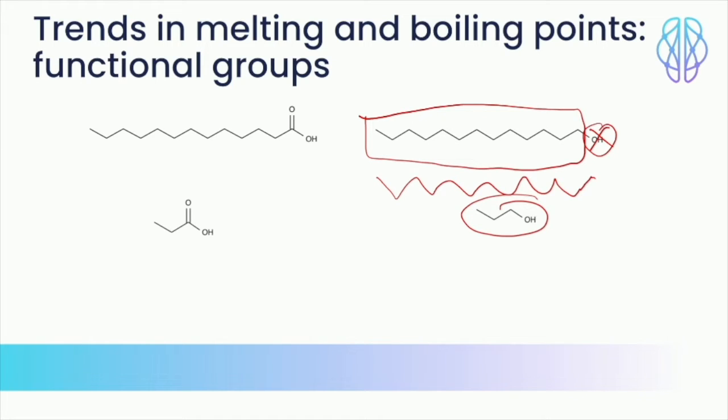So basically what I'm saying in simple terms is the gap between the melting and boiling point between this alkane here and this alcohol, compared to this alcohol and this alkane, is going to be less significant.